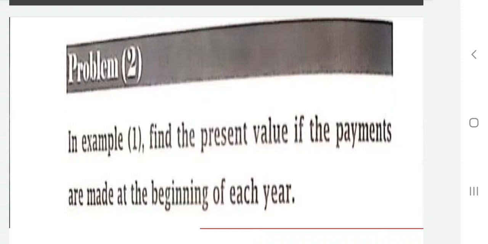Another problem. In example 1, find the present value if the payments are made at the beginning of each year. In the last example, the annuities were ordinary. In this example, we're talking about due and deferred.